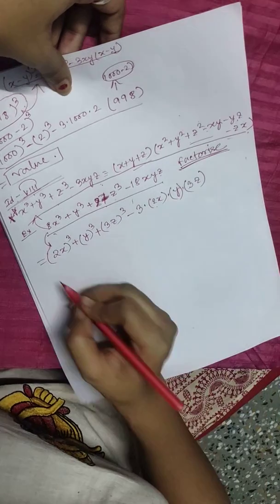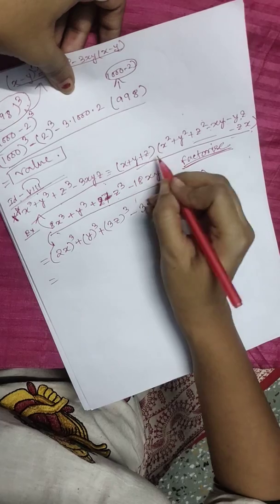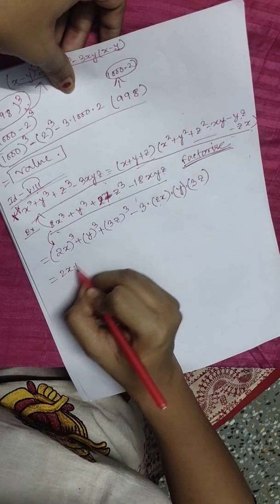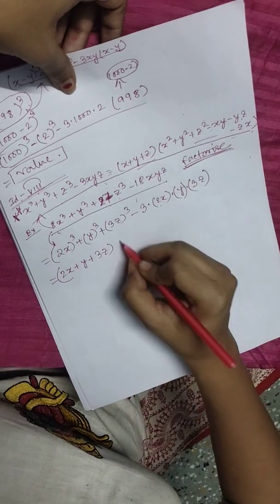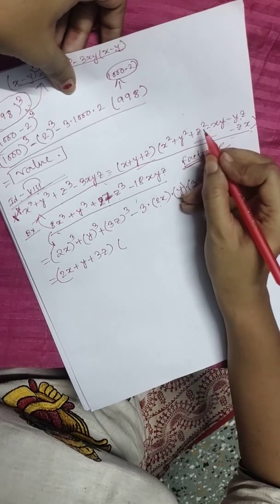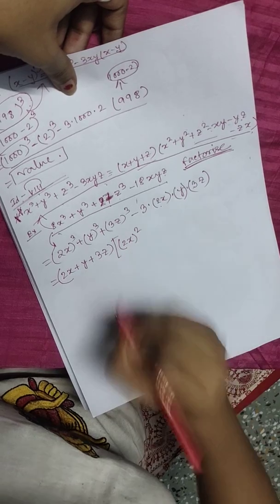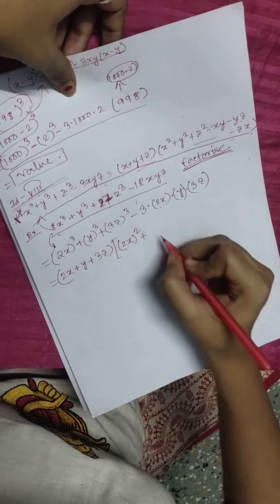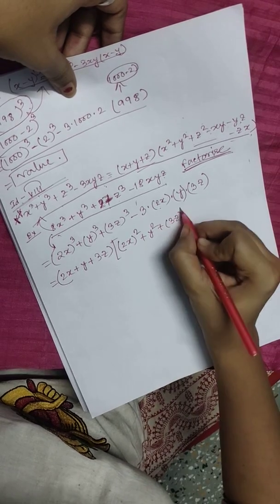Now by using this formula, you can write it as (x plus y plus z), that is (2x plus y plus 3z), into (x square plus y square plus z square), that is (2x) whole square plus y square plus (3z) square.